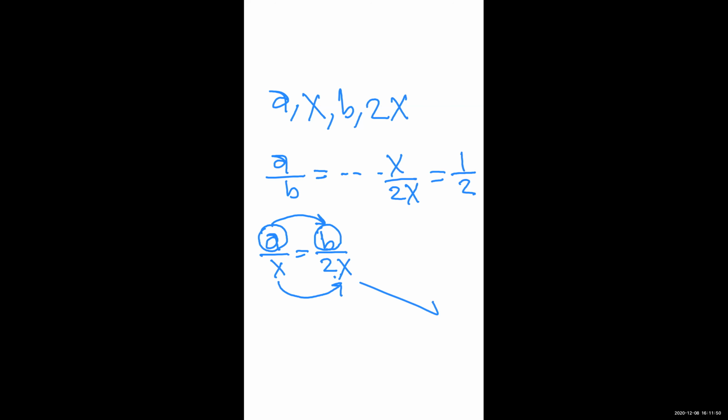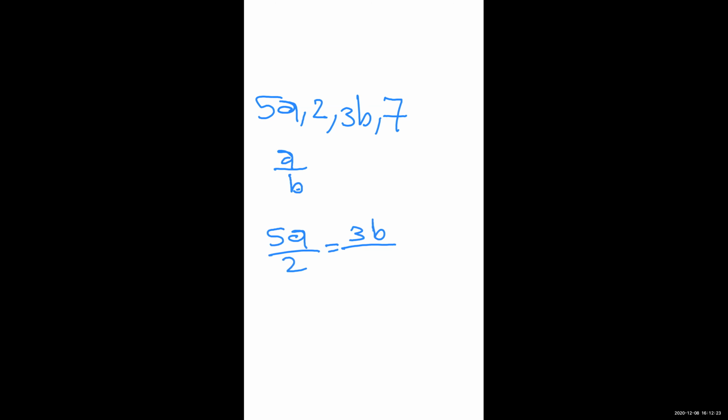The next question is question 8. 5A and 2 and 3B and 7 are four proportional quantities. Find A over B. Okay. So 5A over 2 equals 3B over 7.